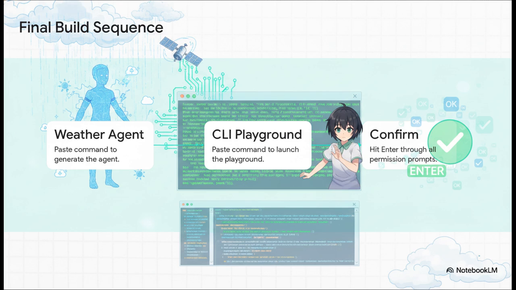Step 1, paste in the specific command to generate your weather agent, and just let it process. Step 2, paste the command to launch the Agent CLI playground. And step 3, exactly like we just talked about, keep hitting Enter to blast through any of those lingering permission prompts. If you watch closely, your terminal is literally piecing together a highly specialized weather assistant right before your eyes. It's pretty cool.